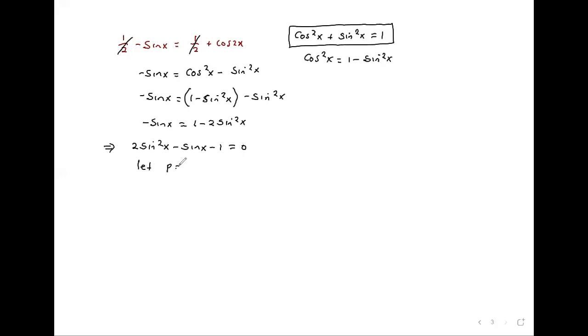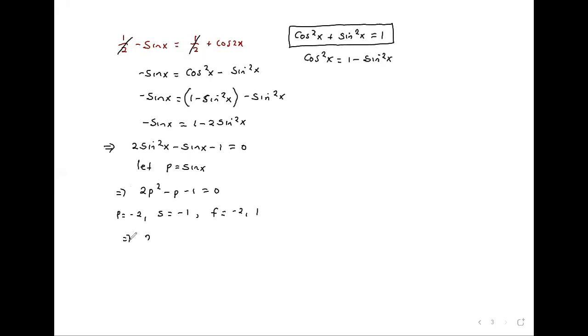We can let p be sine x and freely solve this as a quadratic with a product being equal to negative 2, the sum negative 1, so that the factors are negative 2 and positive 1.